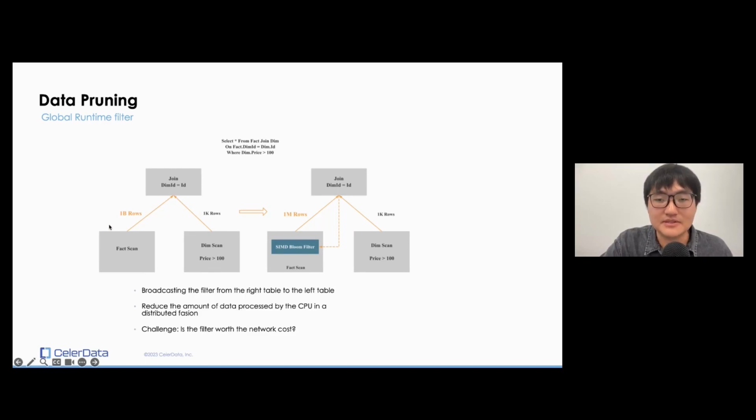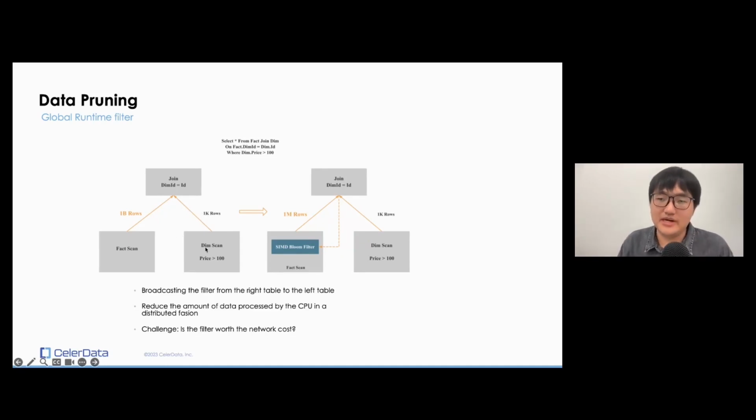Because there's no predicate for the left table, you just take all of the 1 billion rows and send that to the join operator, right? And on the right hand side, because we have a predicate, it's gonna get pushed down to the storage layer. So it's not gonna get all of the data up, right? Probably 1,000 rows, and do the operation, right?